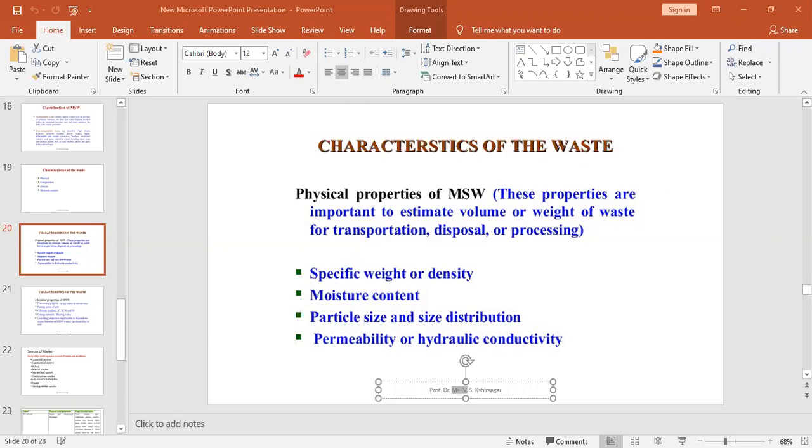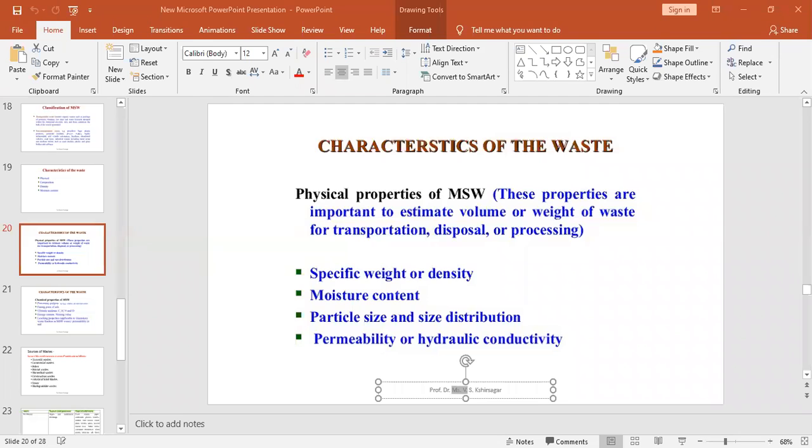Actually, there is a formula. I'm trying to find that formula for finding out the hydraulic permeability. It is the property of a particular material which indicates whether the liquid is passing through it or not.